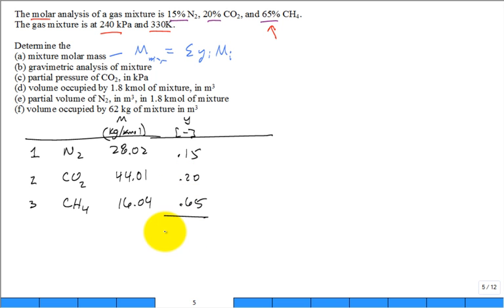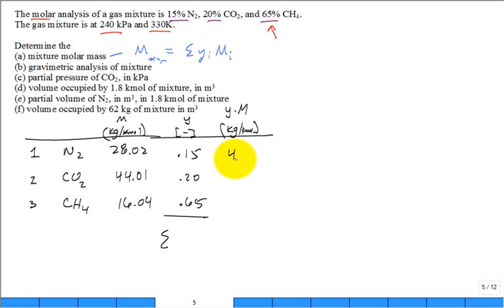I double check. Does the sum equal 1? Yes, and I'm good. If it didn't, I have a problem, something's left out. Then we'll multiply y times M. Because that has units, I'm going to label it y times M. And what are the units if I multiply y times M? Yeah, that's kilogram per kilomole. So let me write some of the numbers down here.